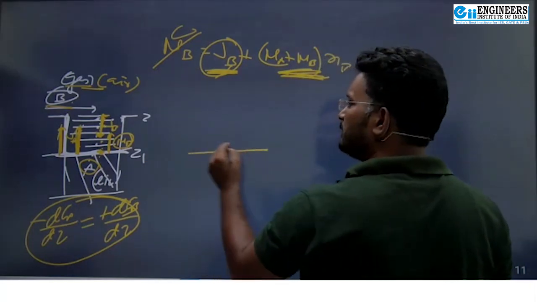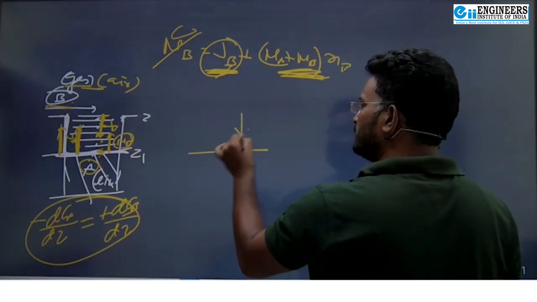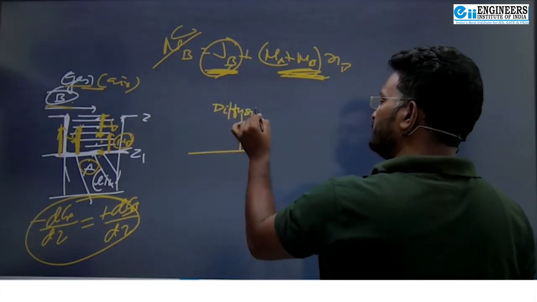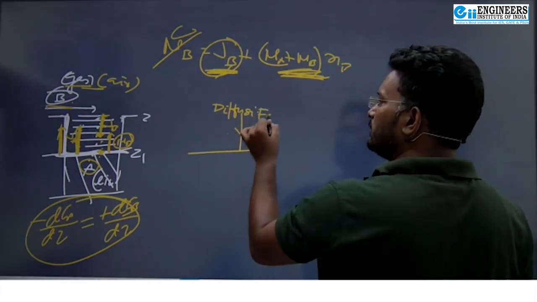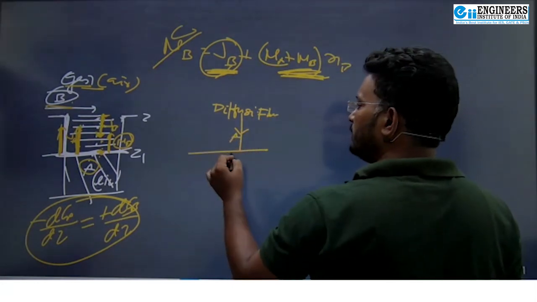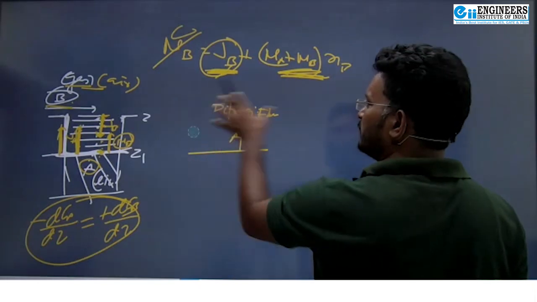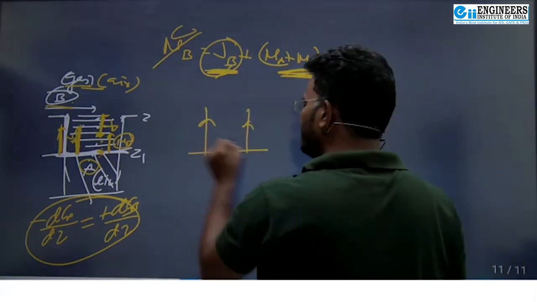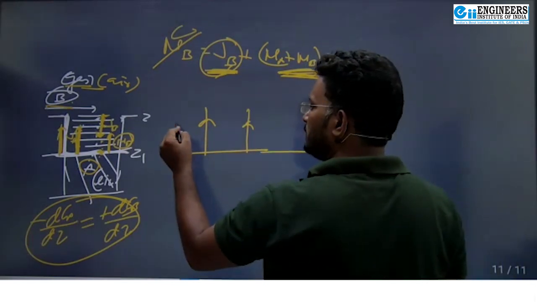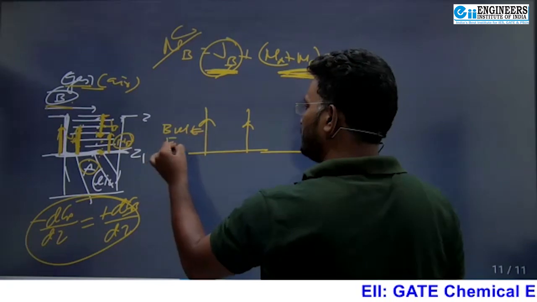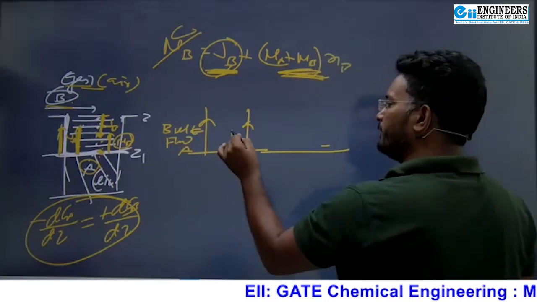If this is here, for A, this is called the diffusive flux for A. And for A there is a bulk flow term, bulk flow of A and diffusive flow of A, both in the same direction.